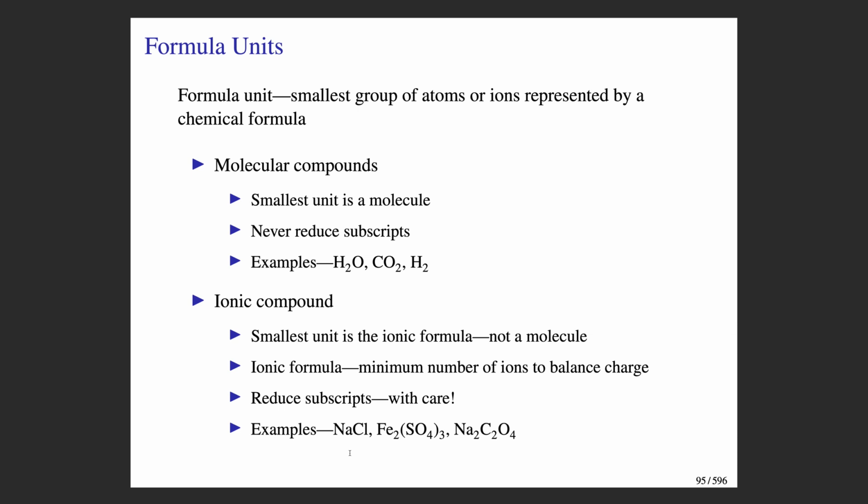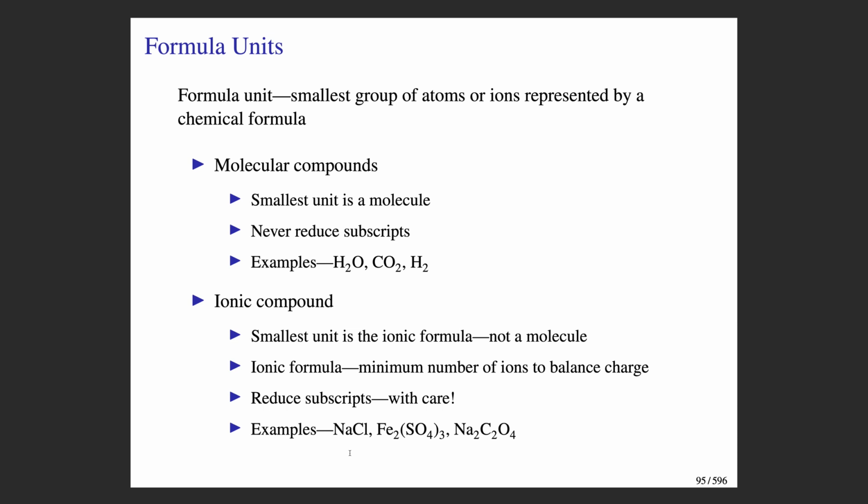The term formula unit is a generic term used to describe either molecular compounds or ionic compounds. It refers to the smallest grouping of atoms or ions that is needed to represent the chemical formula of that particular substance. For molecular compounds, the smallest unit is a molecule, so the formula unit is equivalent to the molecule.